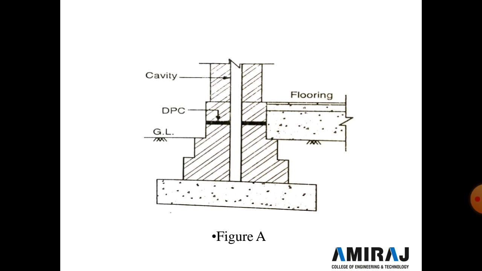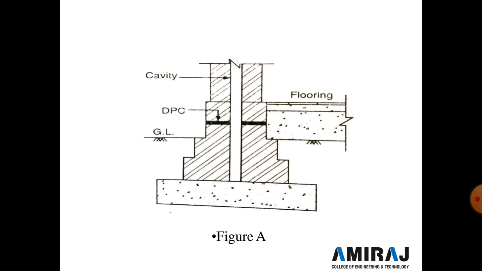In this figure, position of the cavity at a foundation level. At a foundation level, from the PCC work we start a cavity, and we start a cavity up to the top of the slab. Now here see this figure.